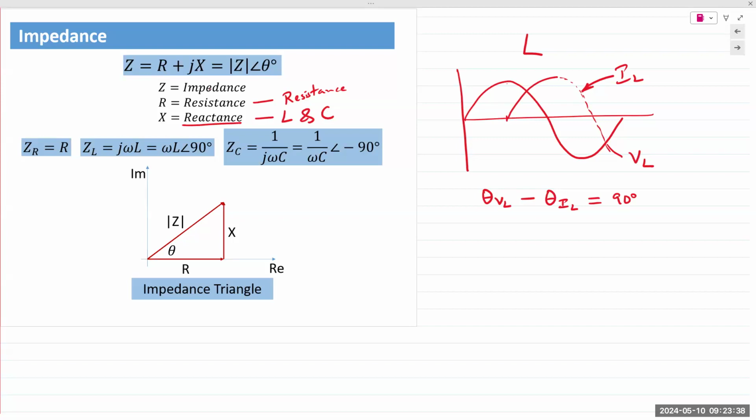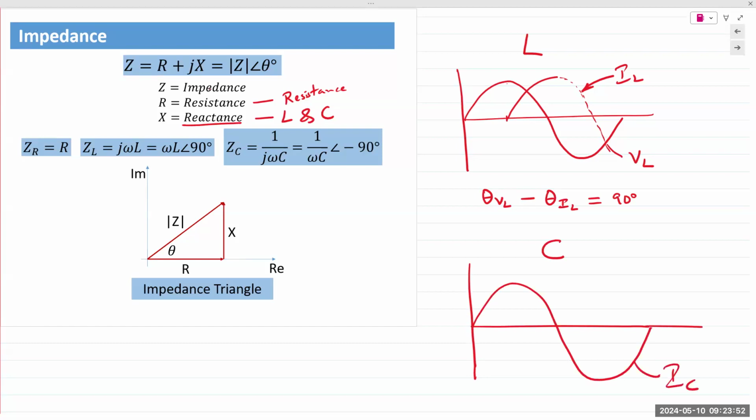So in a capacitor, the waveforms are flipped. In a capacitor, the current waveform IC is ahead of the voltage. This would be VC.